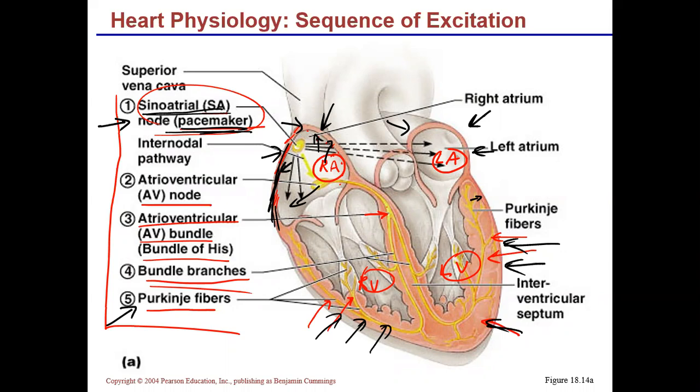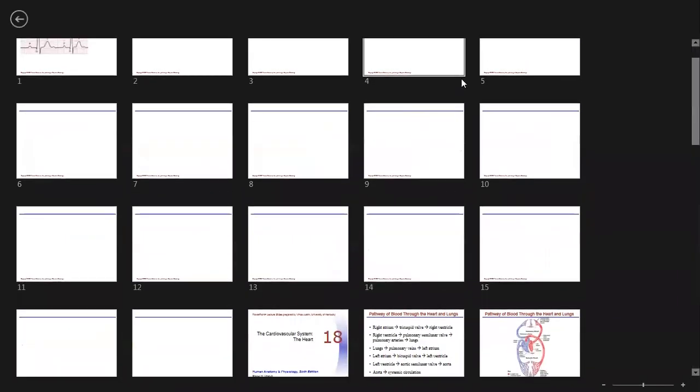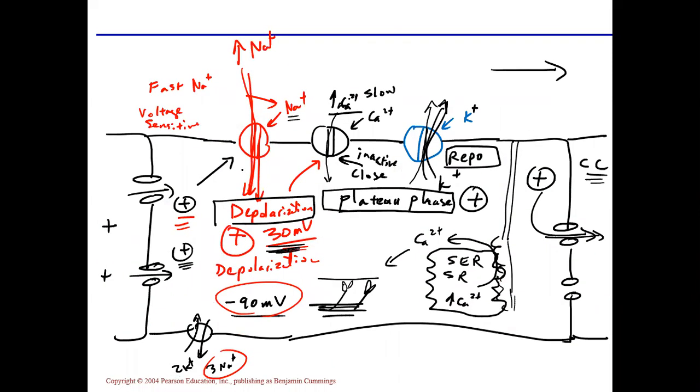But the calcium influx is also the key, and more calcium is going to be released from the SR because the calcium is already there too. Let's take a look. See, these are the contractile cells that we discussed.